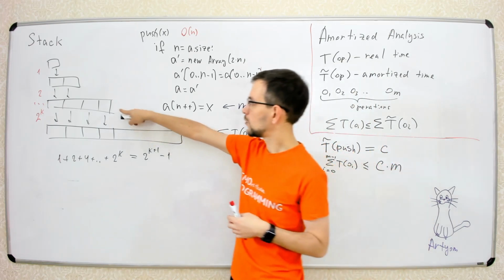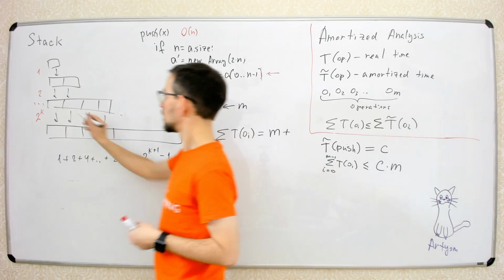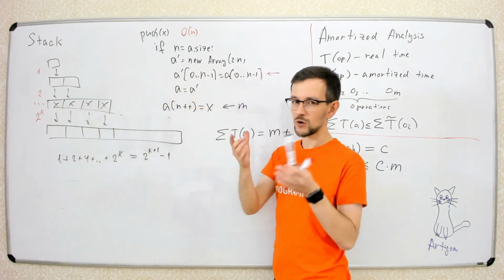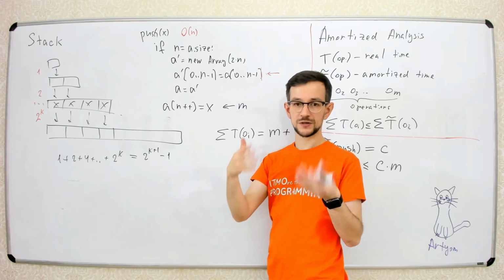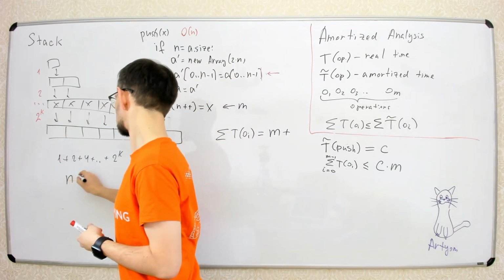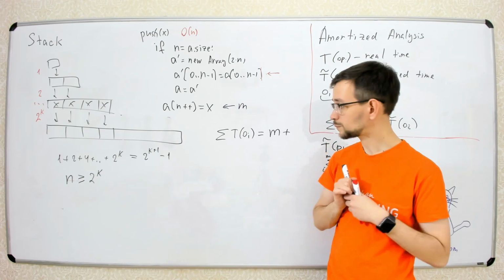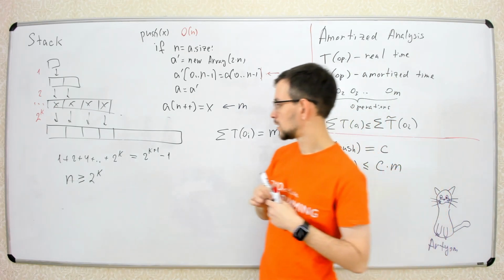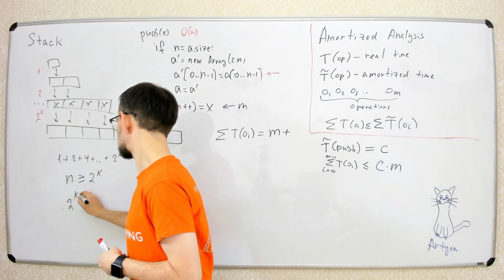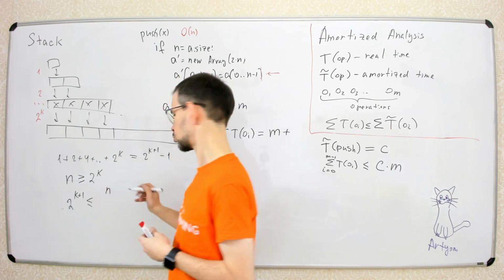Let's see. When we make this last copying of the array, we have all these elements full. So the number of elements in the stack will be at least 2 in the power of k. So this 2 in the power of k plus 1 is no more than 2n, right?